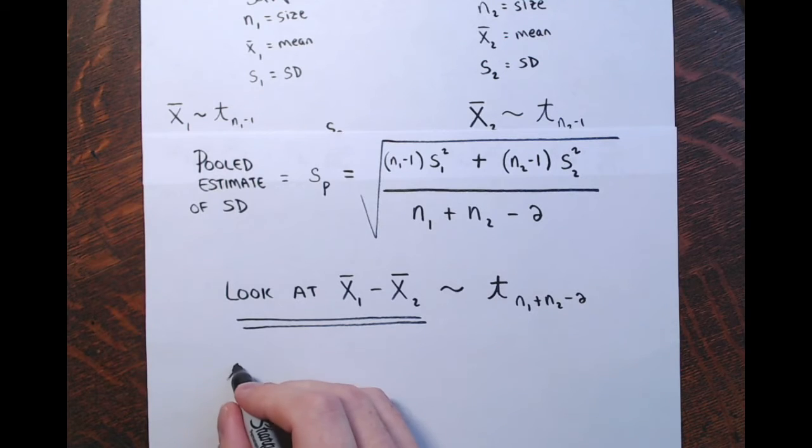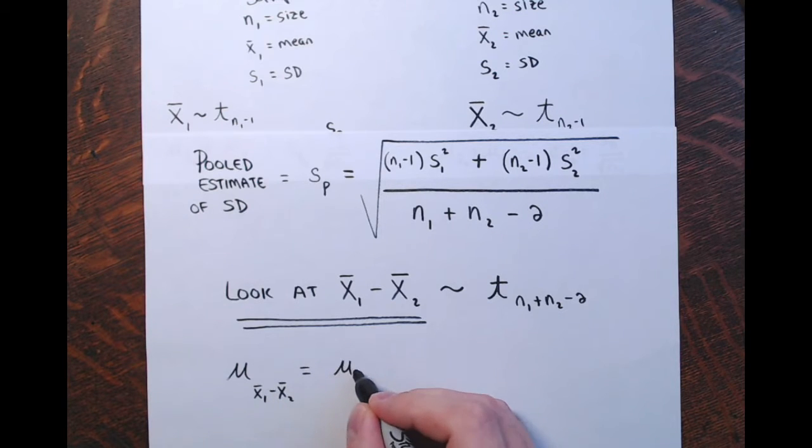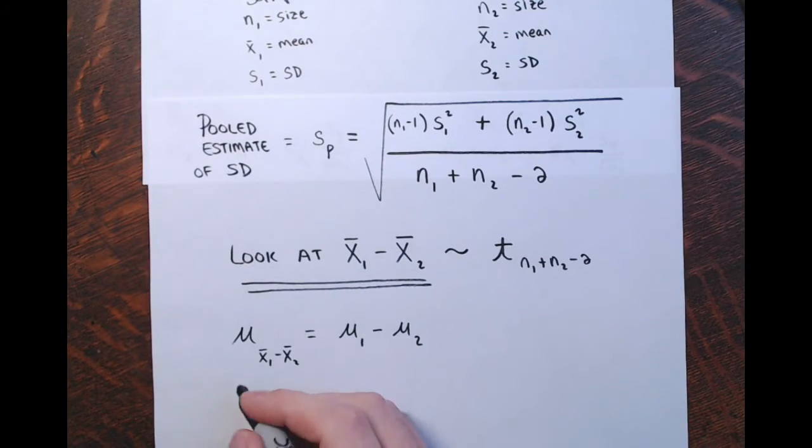And then the mean of these x1 bars minus x2 bars would just be the mean of x1 bar, mu1, minus the mean of x2 bar, mu2. And the standard deviation of x1 bar minus x2 bar, and I mentioned this in the non-pooled scenario. Forget standard deviation for now.